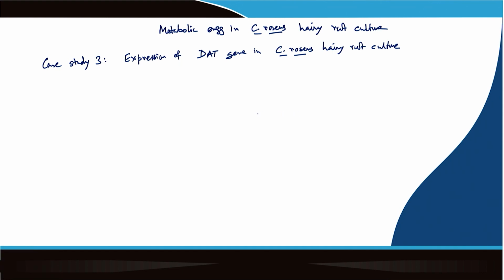If I write tabersonine, 1, 2, 3, 4, deoxyvindoline, NMT, this is D4H.